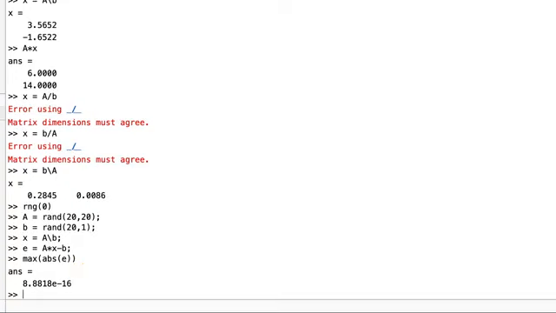The backslash operation is a point of pride with MATLAB. It gives a first-class, world-class solution to any set of simultaneous linear algebraic equations. As we said in our introduction to this lecture, the solution of such equations is part of a branch of mathematics called linear algebra.